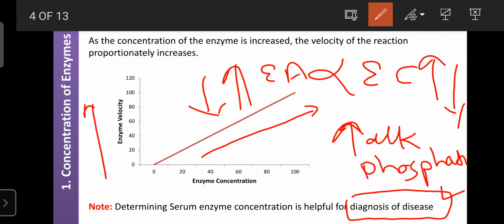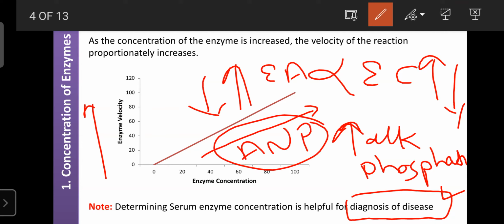Even for example, certain hormones are there, like bradykinin. Another one is atrial natriuretic peptide, that is ANP. It is also one type of enzyme. If its concentration is more in blood or in urine, it indicates some injury or problem in the heart.